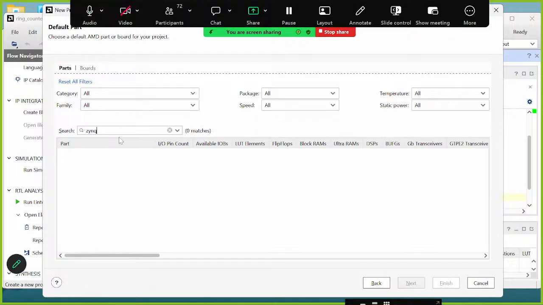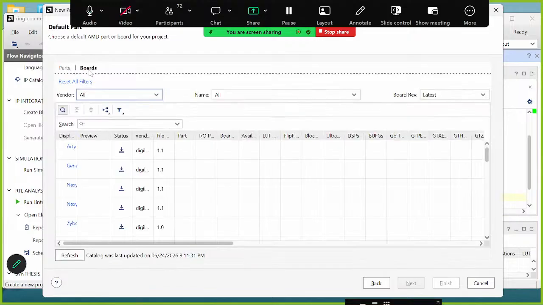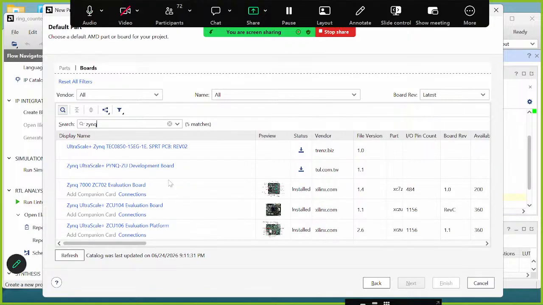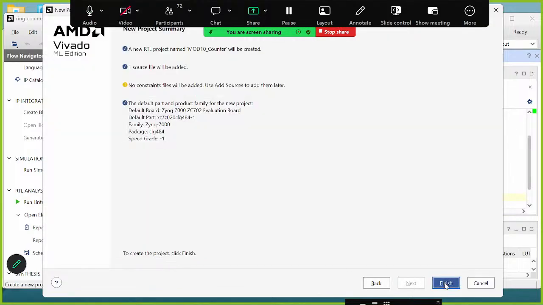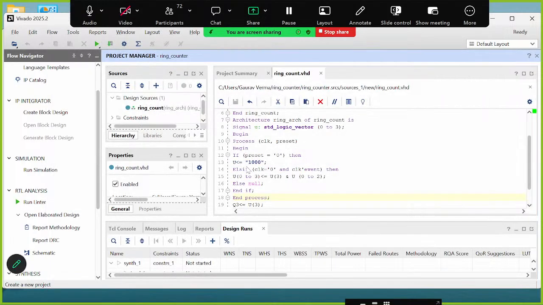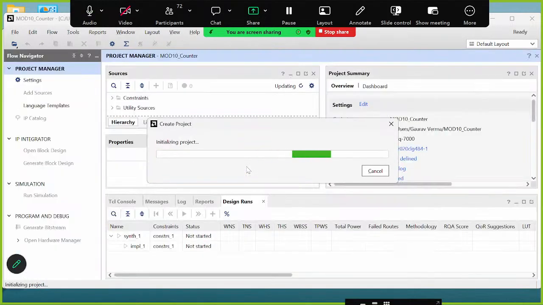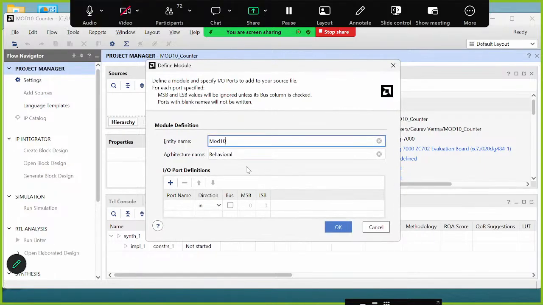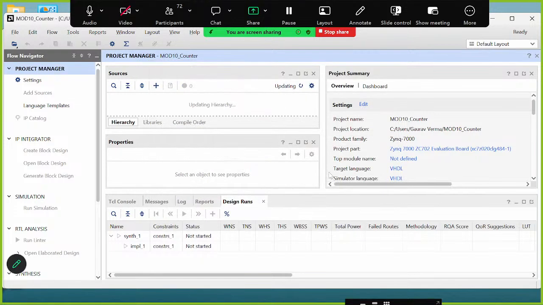We have to repeat this process whenever we want to create a new project. Yes, it will close the previous project and we'll write our own entity and our own code.